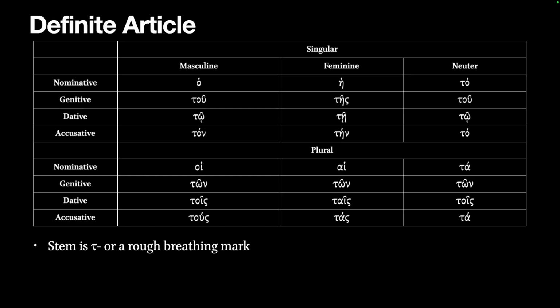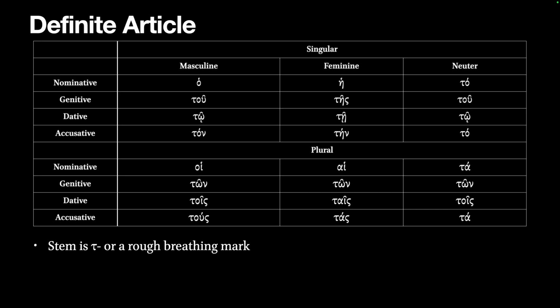So a couple of different comments here. First, when we think about the stem or the sort of base or the root of our definite article, it's going to be a rough breathing mark, as you see up here, the "ha" sound, or a tau. And it's to these rough breathing marks or to these taus that an ending is added, or in the case of up here, is not added.